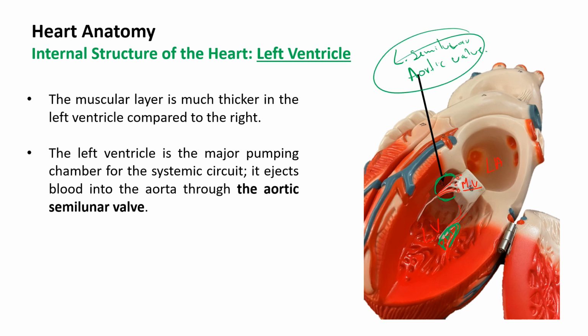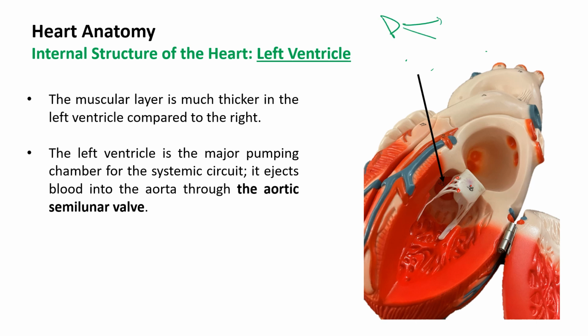Now, without looking, during diastole, which of these two valves needs to be closed? Once again, in diastole, which valve needs to be closed? Is it the aortic or is it the tricuspid? I mean the mitral valve.